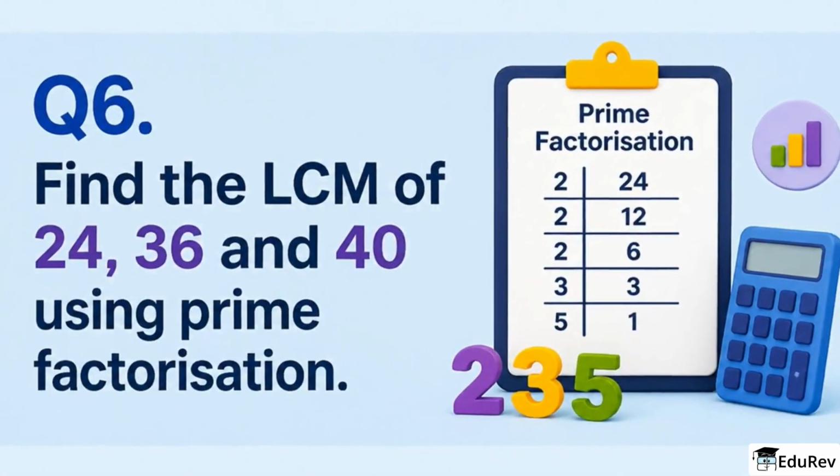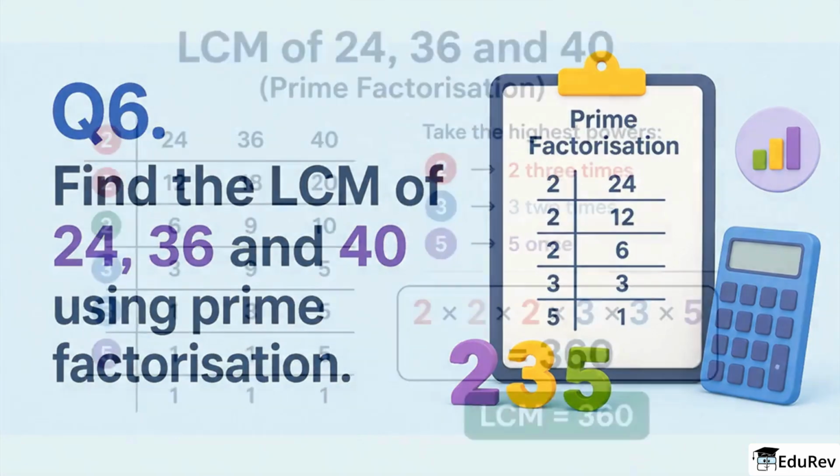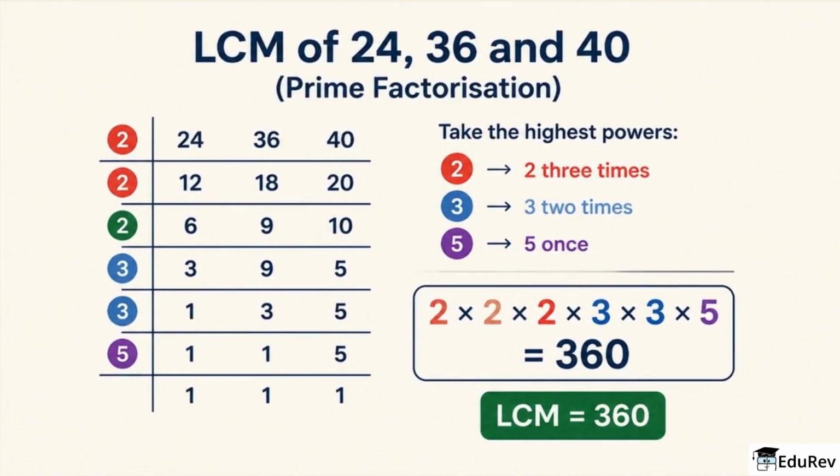Question number 6 asks for LCM of 24, 36 and 40 by prime factorization. Prime factors show highest powers are 2 three times, 3 two times and 5 once. Multiply 2 times 2 times 2 times 3 times 3 times 5 gives 360 as the LCM.